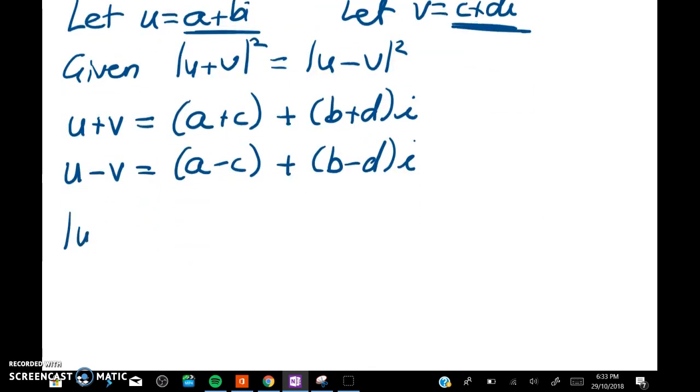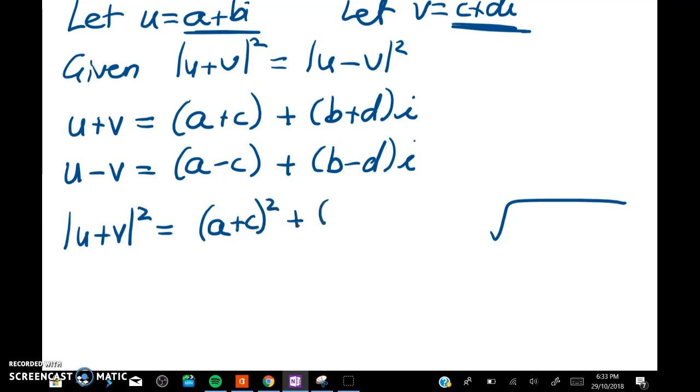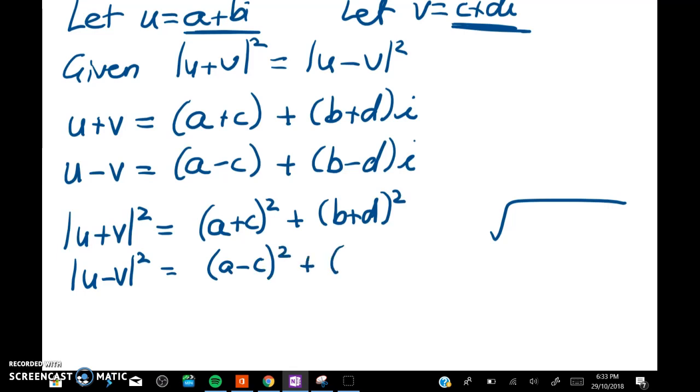Now, let's look at the magnitudes squared. So the magnitude is equal to the Pythagoras thing. So when it's squared, we're left with quite a simple expression with squares, a plus c squared plus b plus d squared. And the magnitude of u minus v squared will be this.